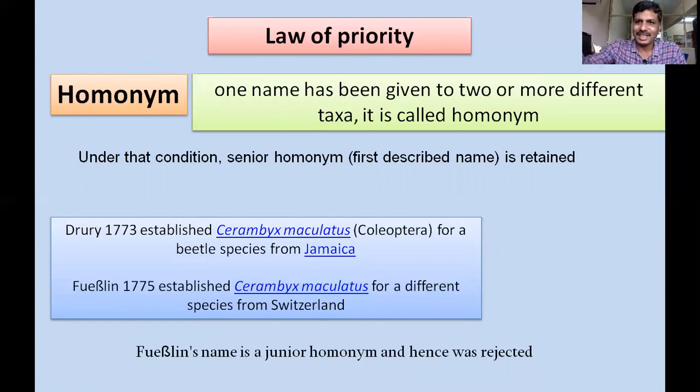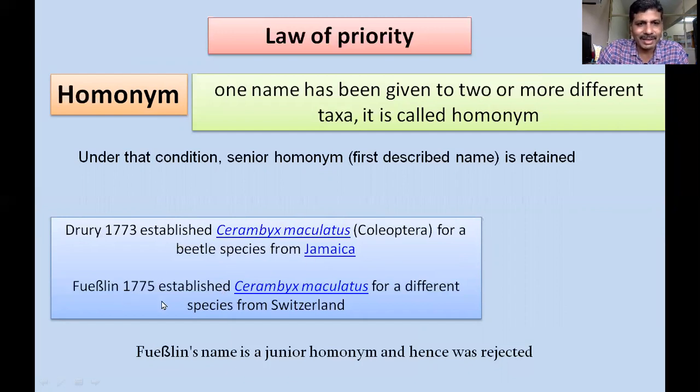Unfortunately, another person in America gives the same name to another organism. That is called homonym. I'll take an example. Drury in the year 1773 established Cerambyx maculatus. This is the new species he identified for a beetle species from Jamaica. Cerambyx maculatus.